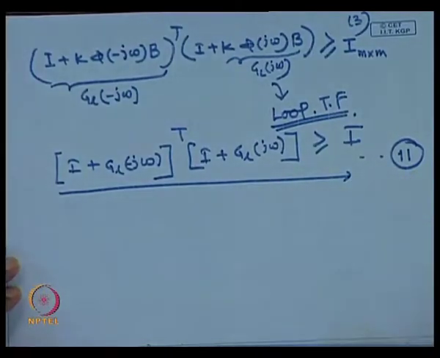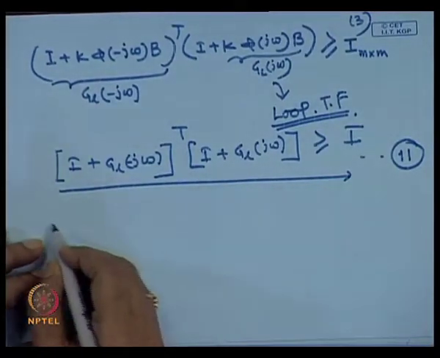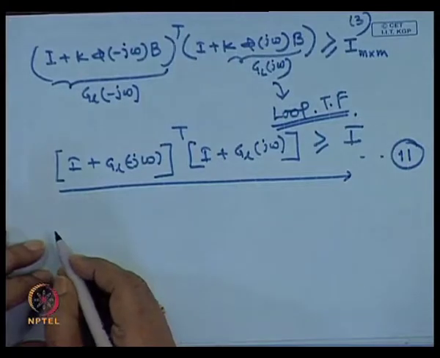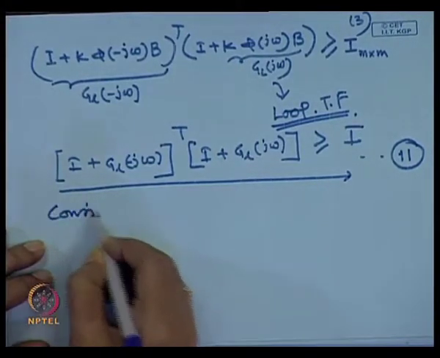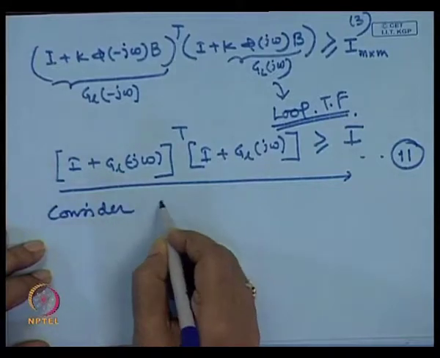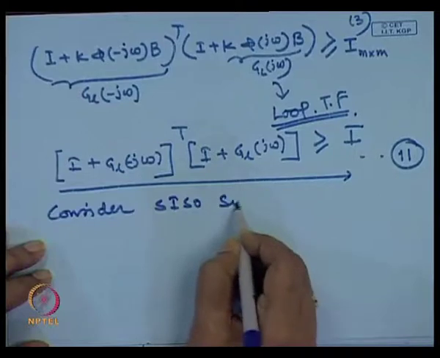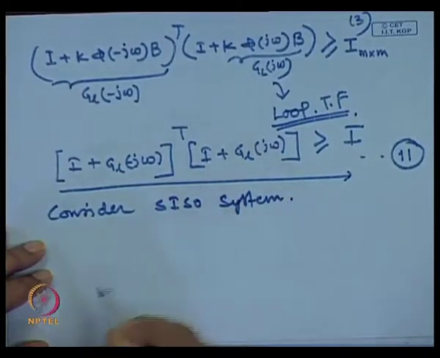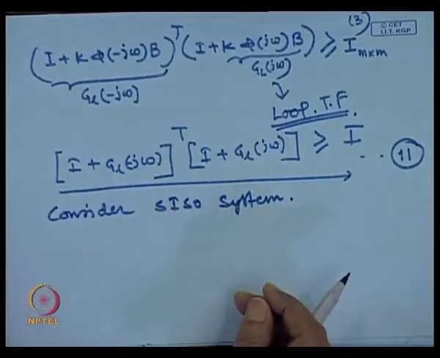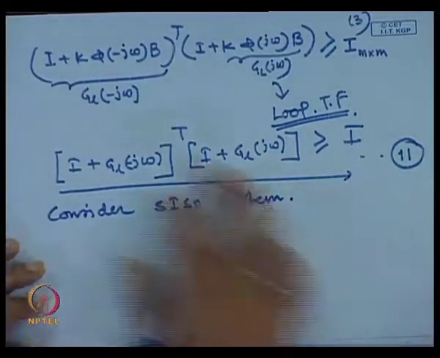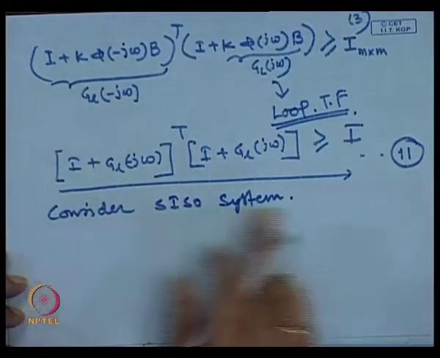So, from equation 11, let us consider a special case: a single input single output system. The output will not come into the picture throughout this; it is a single input system.